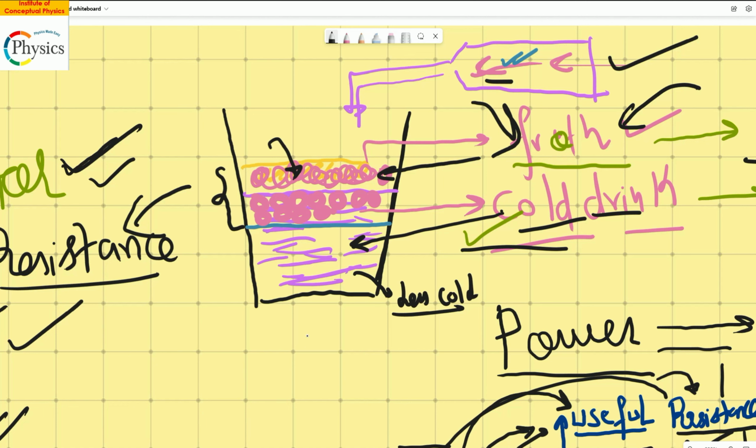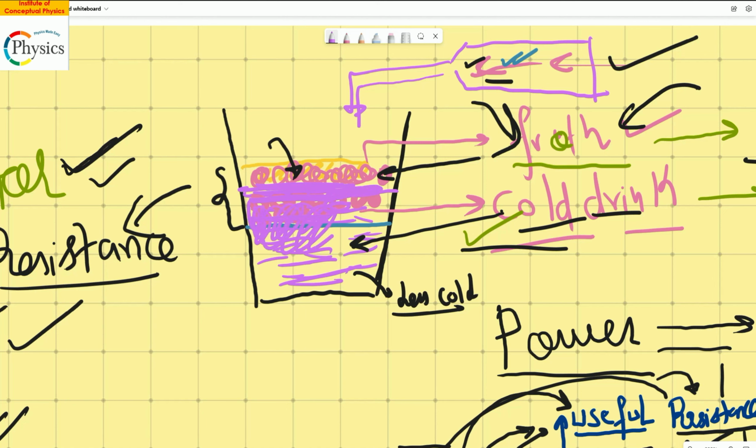Similarly, you can have a choice that you pour the cold drink in such a manner that the froth goes down less, and there is more cold drink. Say here, right? I am now increasing the cold drink.